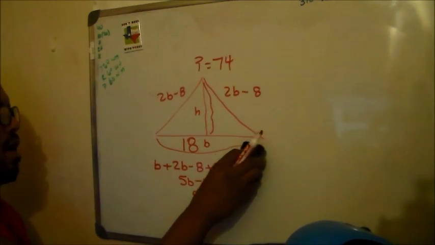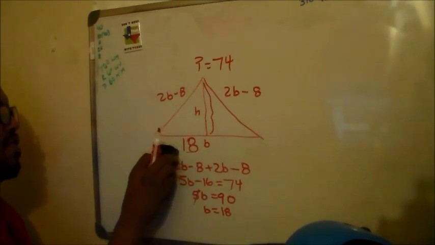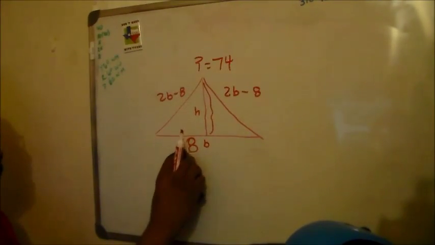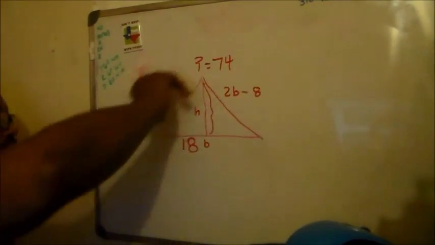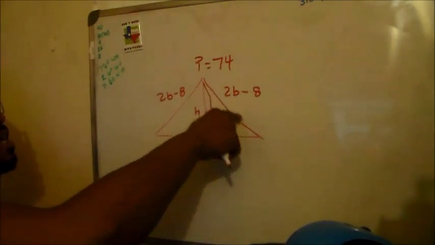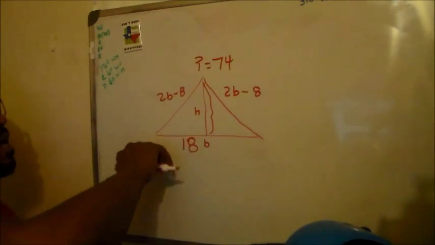And since we have the base now, basically we can find out what's going on with the two sides here. Again, the question stated that the congruent sides were 2b minus 8.